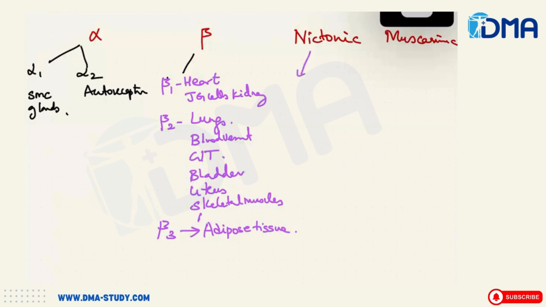In nicotinic, you have two. NN is the nicotinic neuronal receptor that is mostly present in the ganglia and adrenal medulla. Whereas nicotinic NM will be in the neuromuscular junction.